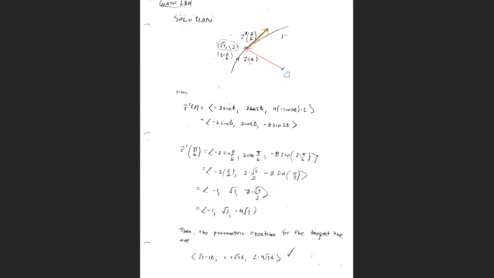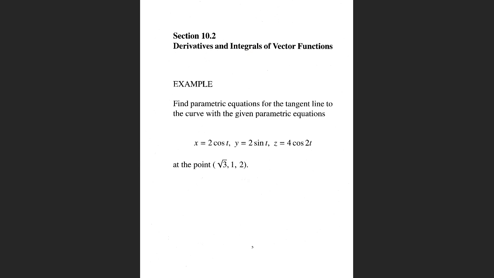So let's think about what we need to do here. Oh, how did I get pi over 6? That's a good point. Let me go to the previous page. I think I mistakenly said we're given the point root 3, 1, and 2.